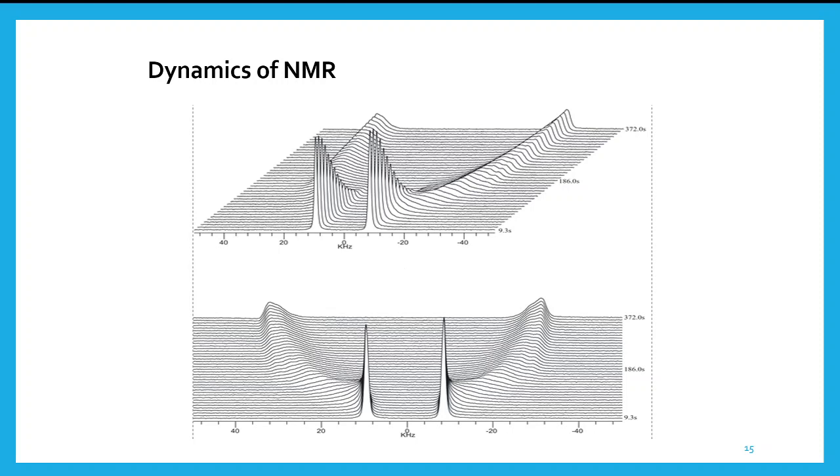So you see the dynamics of that. And so clearly this is a very powerful tool, and many different angles of NMR can be explored to understand your molecules better.